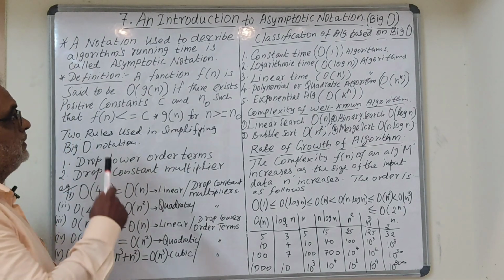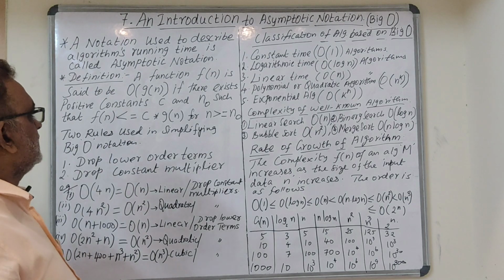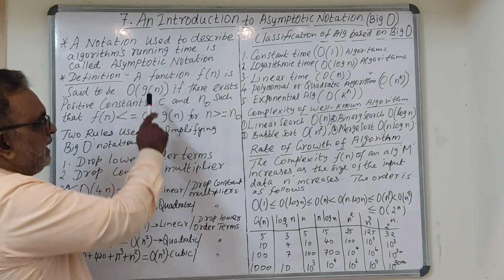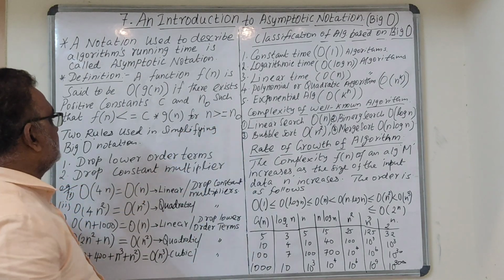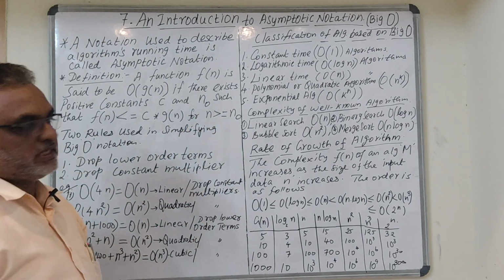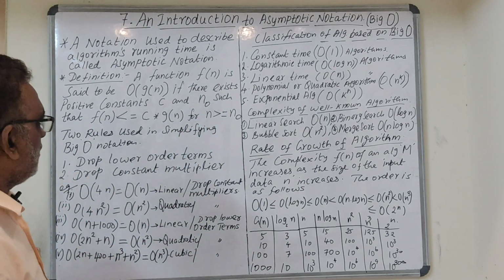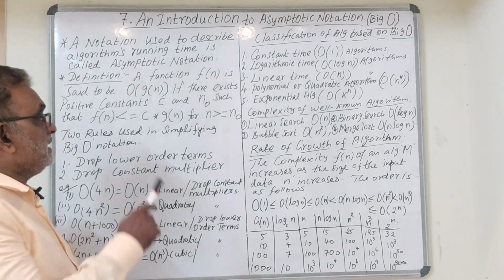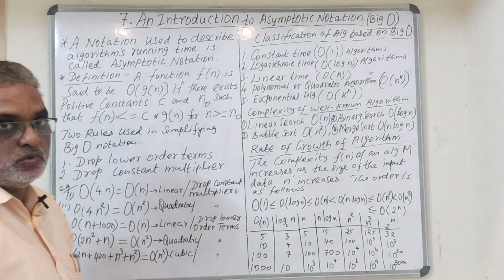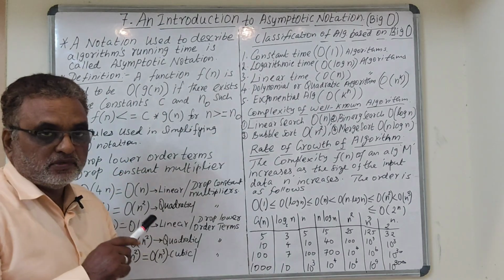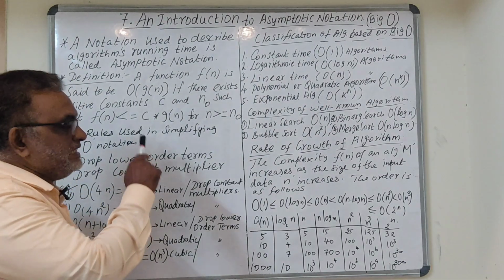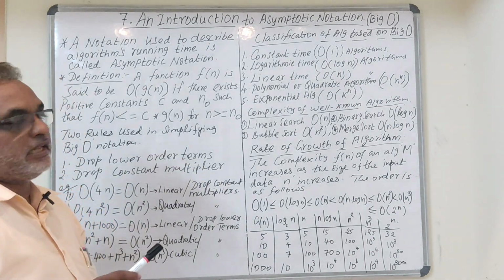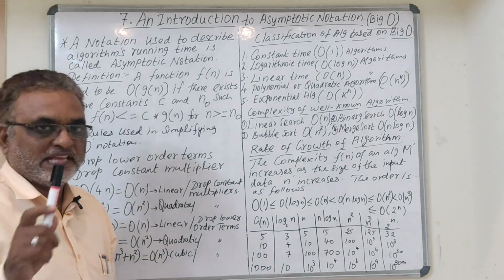Definition: a function f of n is said to be order of g of n if there exist positive constants c and n naught such that f of n is less than or equal to the product of c and g of n for every n greater than or equal to n naught.